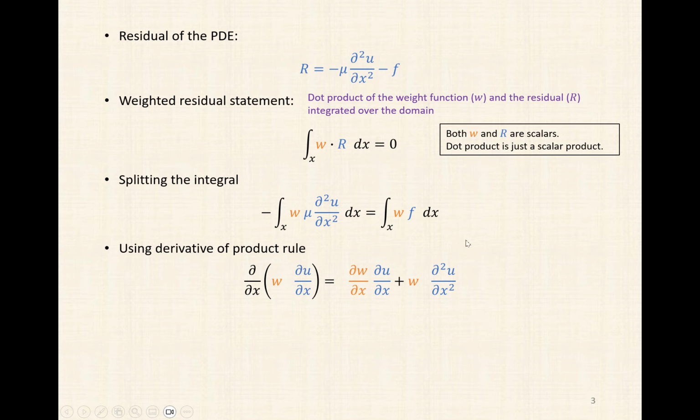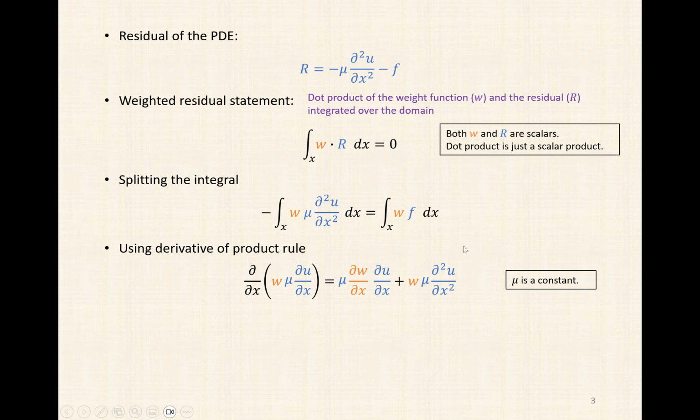This is the derivative of product rule, and we assume that mu is a constant. It need not be a constant, but for the time being let's assume it is. So we place mu in this formula, and it doesn't affect anything. Now we have the derivative of product rule including mu.